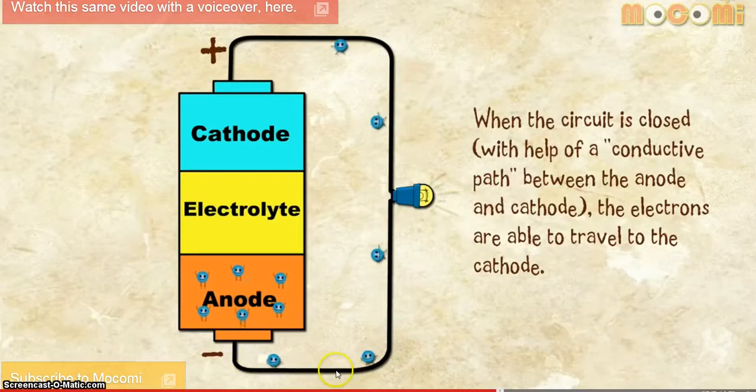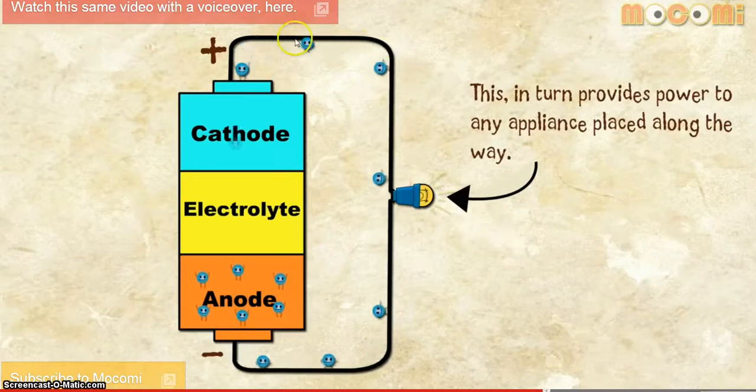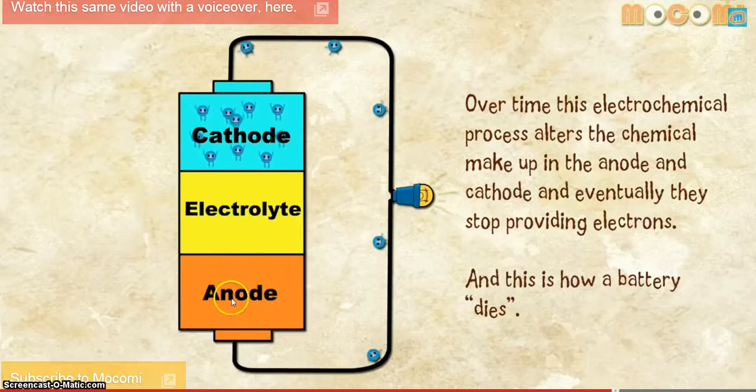So these electrons begin to move through the wire. Along that wire, they might encounter something like a light bulb as they make their way over to the cathode. Once the anode is no longer able to produce new electrons, the chemical energy of the battery has run out, and your battery must be replaced.